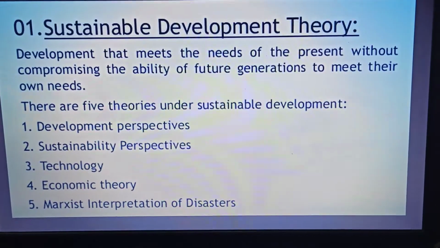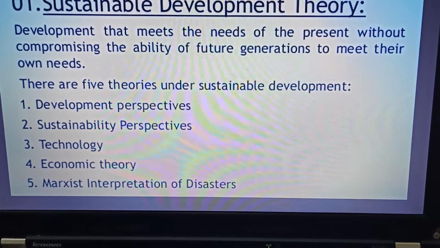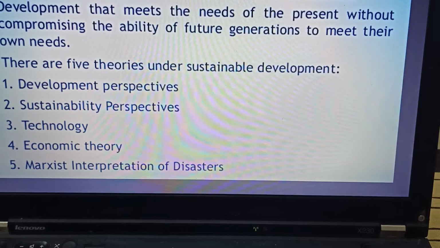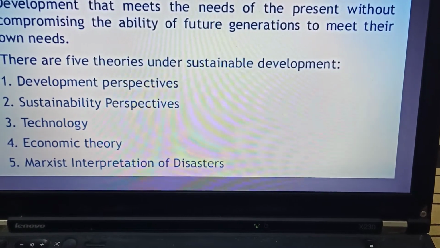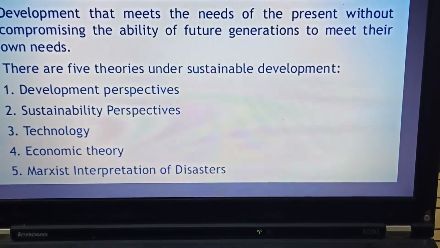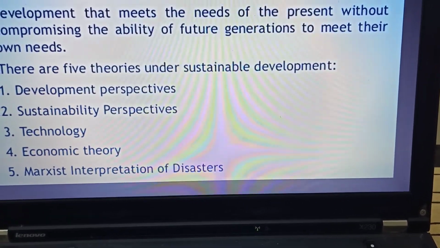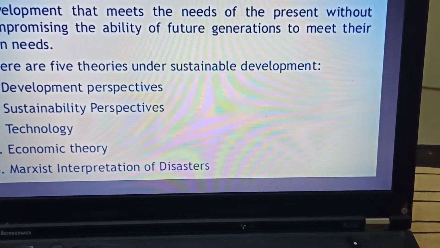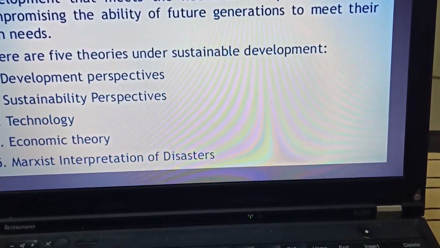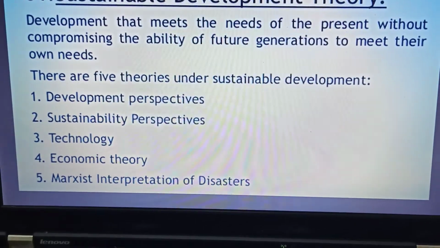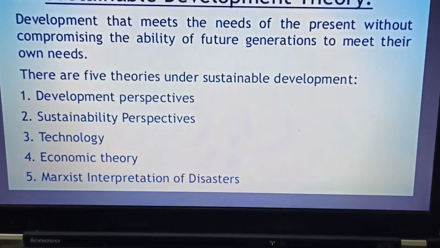So, the last theory is the Marxist interpretation of disaster. What is a disaster? It is an event that causes a lot of harm or damage, for example, flood, earthquake, landslides, etc. According to Karl Marx, the poor, minorities, and other marginalized people are more likely to live in dangerous areas and are affected by disaster.